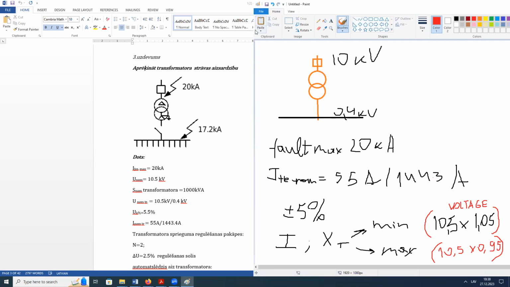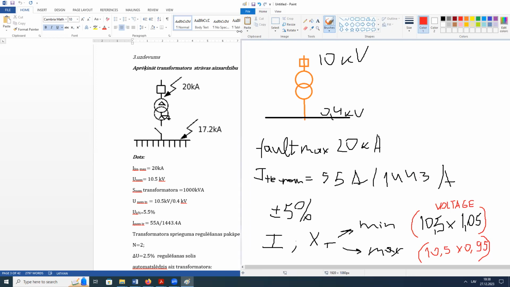What do we need to calculate? Of course, the same two types, selective and unselective.